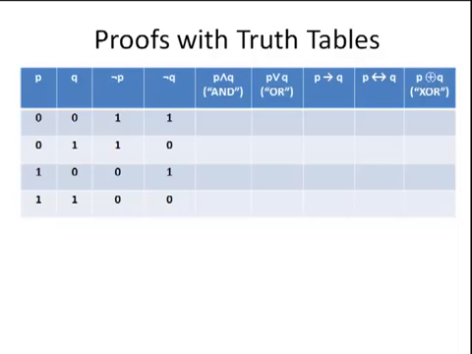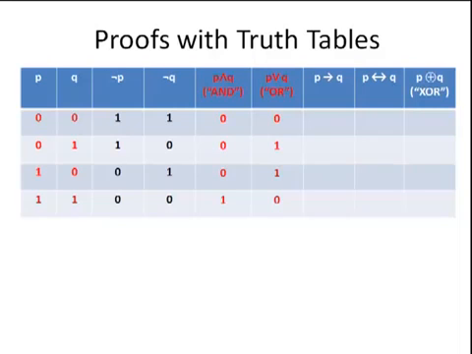What we're going to do now is look at the and and or operations here, and fill in the truth table again. And means that p and q both have to be 1 for the p and q to be 1. Otherwise, they are 0. So in the first row, we have p and q, that's 0 and 0, so that's a 0.